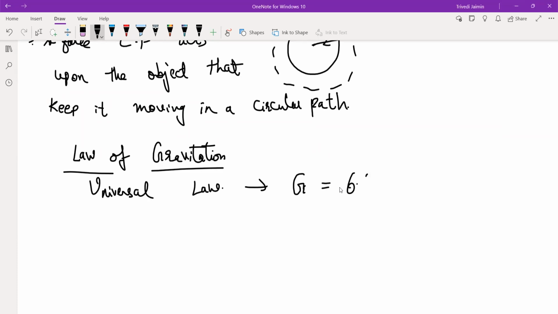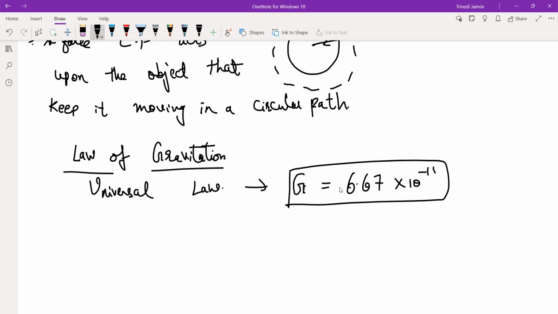Exactly. 6.67 into 10 to the power minus 11. So this is the universal gravitation constant. Instead of law, we can say constant. Why is it called universal constant? Because it's constant throughout the universe.